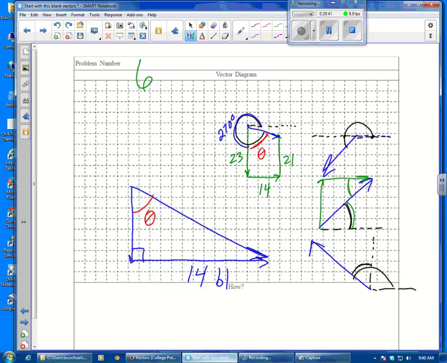My vertical one here that's pointing downwards is 2 blocks. Right? From my diagram, because I only have 14 in the horizontal, but I have 23 and 21, so I end up with 2. I went 23 down and then 21 back up, which means I had a net movement of 2 down.